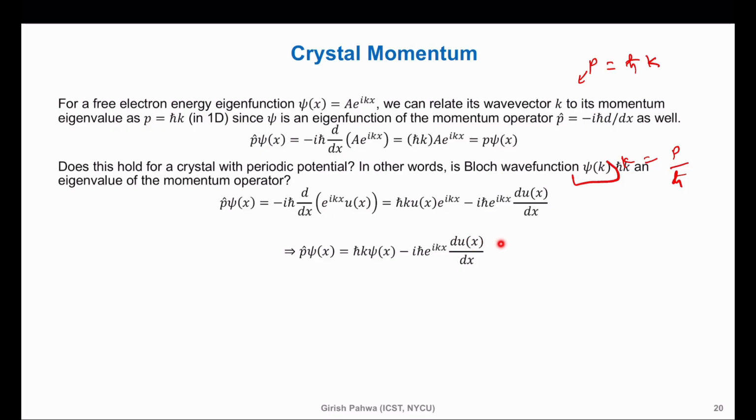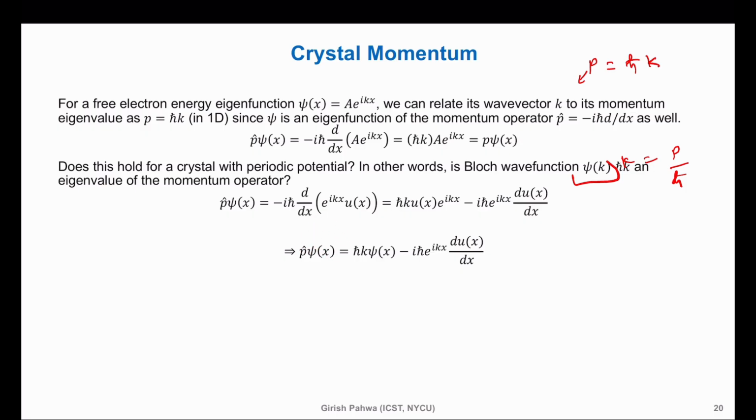There is no reason for du by dx to be 0. It's a periodic function of x, and this is not 0. We know that this term is not 0. So p cap psi is not equal to a number times psi. So this psi is not an eigenfunction of p cap.